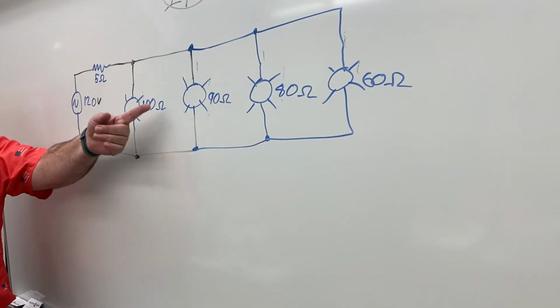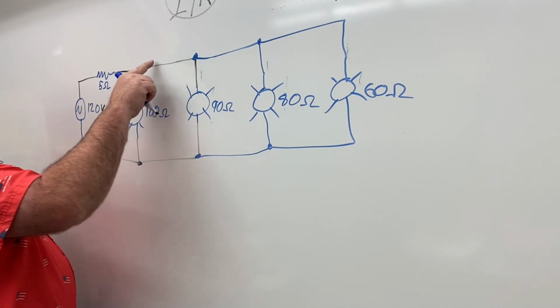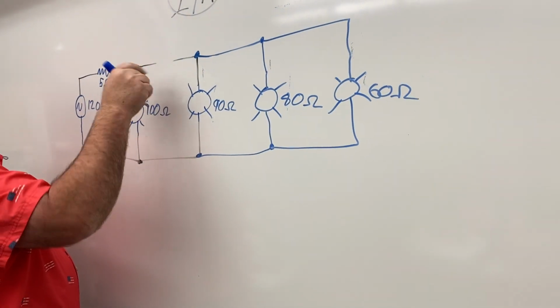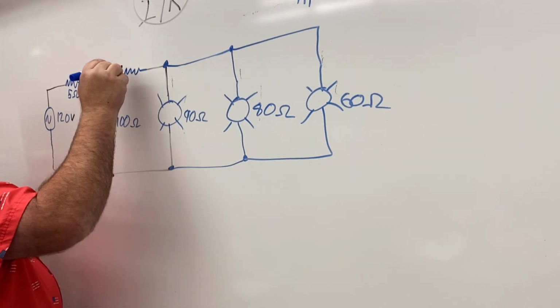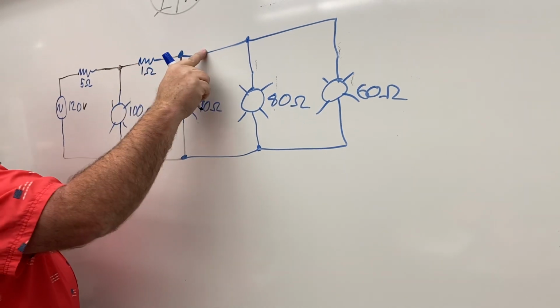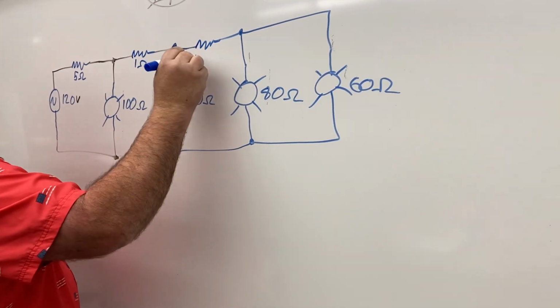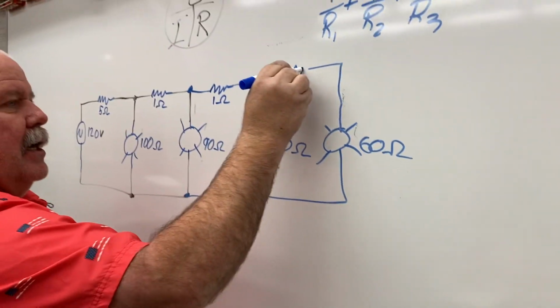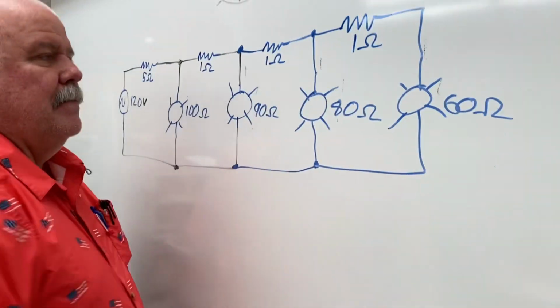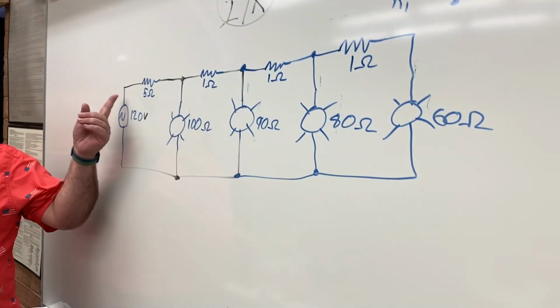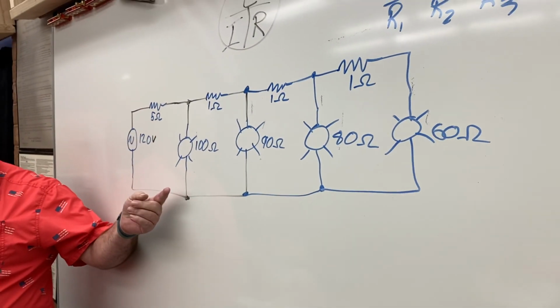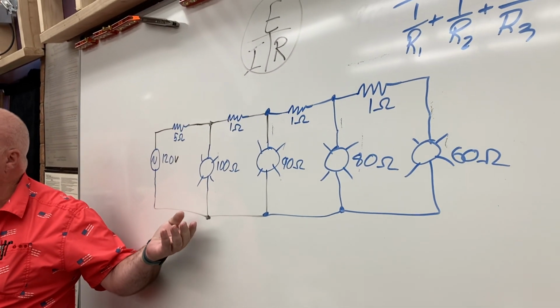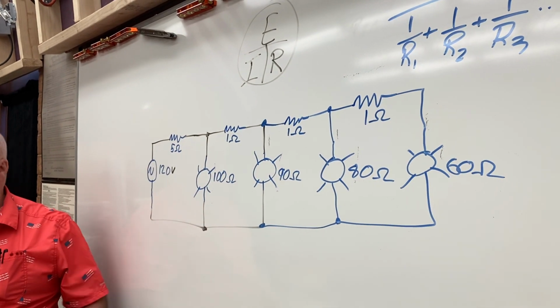And in between these, which are going to be kind of close together, I'm going to have 1 ohm of resistance. And in between these, I'll have another ohm of resistance, and in between these, I'll have another ohm of resistance, okay? Well, if I have resistance on the wires going to these, I'm also going to have resistance in the wire coming back from these, right?